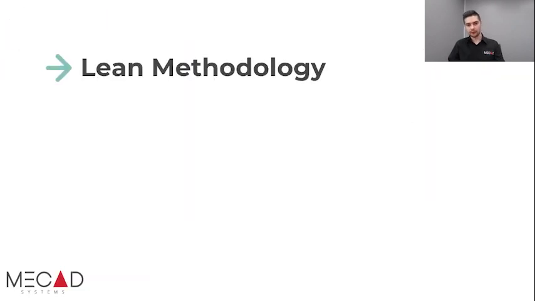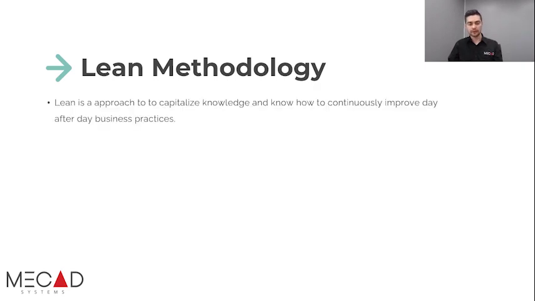So before I get started, I'd like to first describe a little bit of what's called lean methodology. Lean methodology is just something I need to outline for you guys when it comes to the first tool we call Lean Team Player. Lean methodology is an approach to capitalize knowledge and to continuously improve business operations day to day.